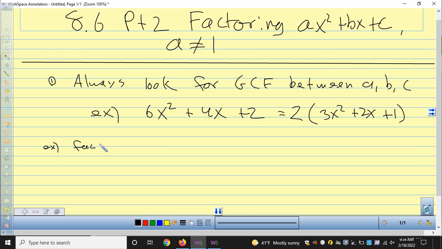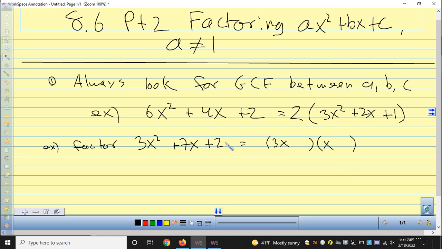So we want to factor 3x squared plus 7x plus 2. So this one gets a little more complicated because of this 3 in front of the x squared. Now the old school way that I would do this is I would say, well, the only way to get a 3x squared when I multiply my two parentheses together is to have a 3x and an x, because 3 is prime. 3 and 1 are the only factors.